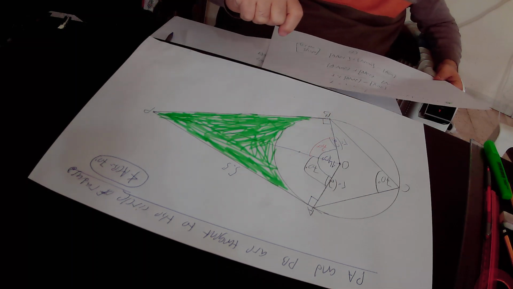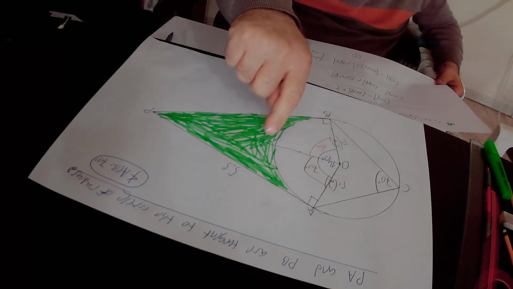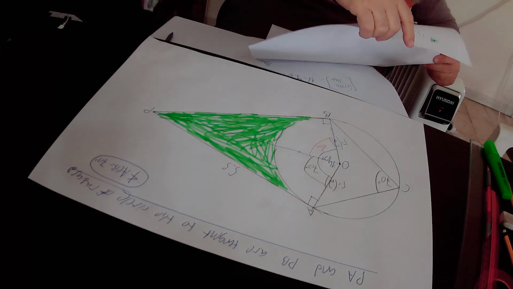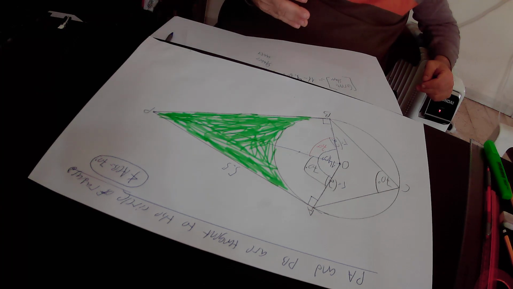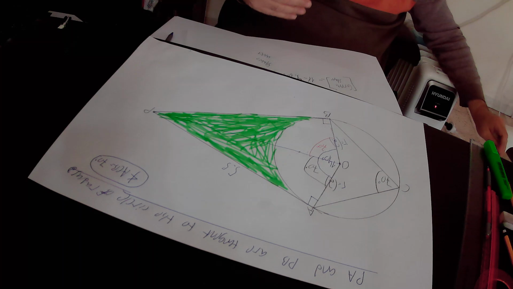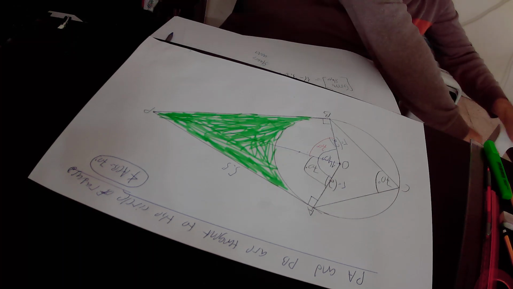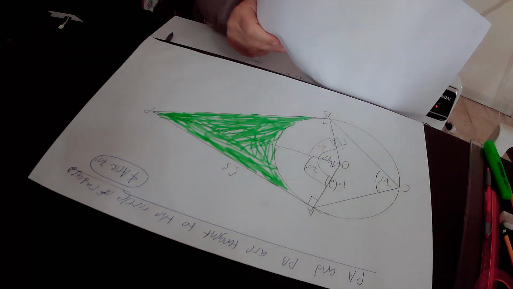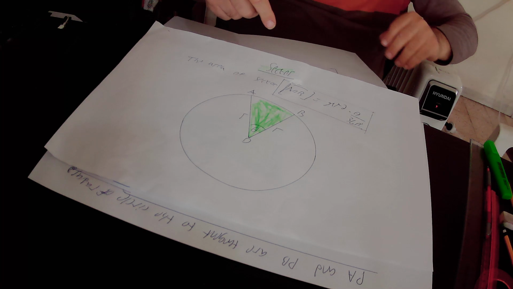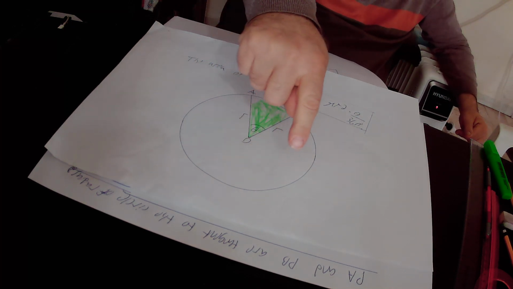So in conclusion, the area of those two right triangles in total is equal to 11 square units. And we have to subtract from it the area of sector AOB. A sector is a portion of a circle. The green sector AOB is part of this circle.